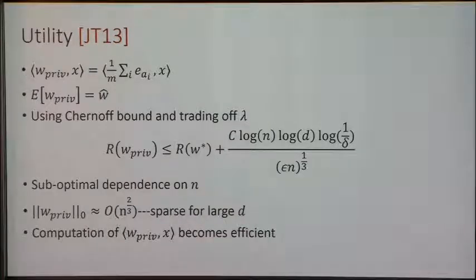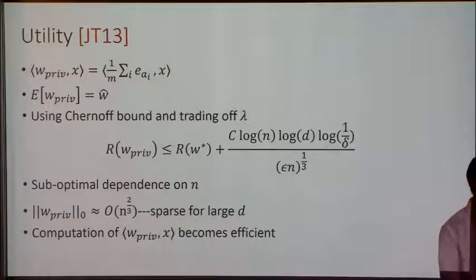And now for the utility guarantee, we use a Chernoff bound because we are taking these m samples and averaging them, and we know that in expectation it is exactly the same as W hat. So using a Chernoff type of argument, we get this type of loss. The key thing in this excess error is that the dependence on dimensionality is just logarithmic, which is optimal even for non-private algorithms.